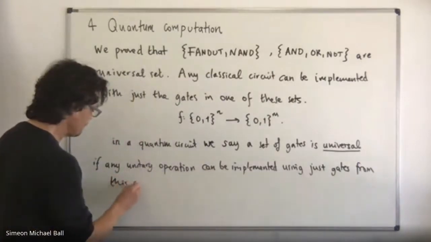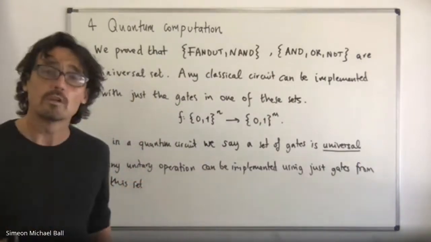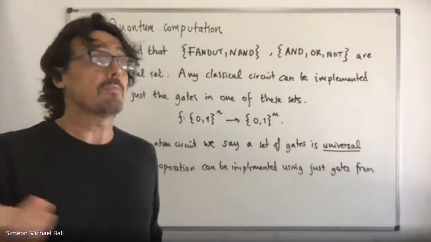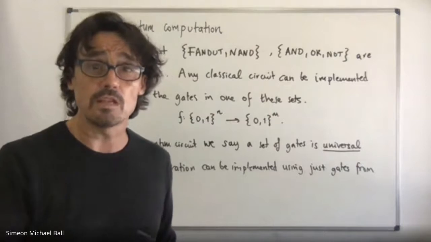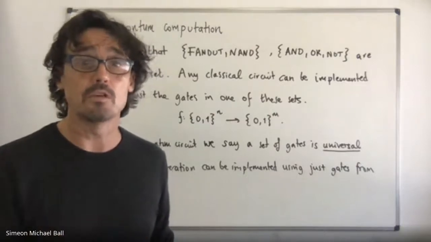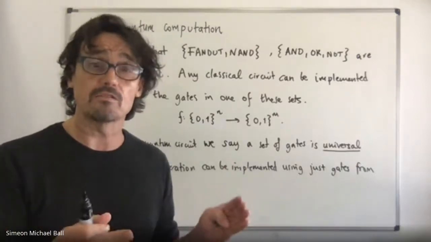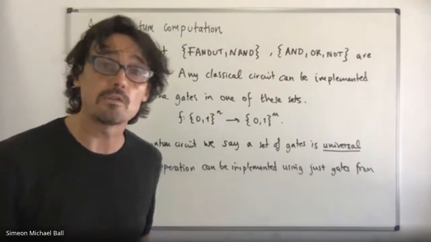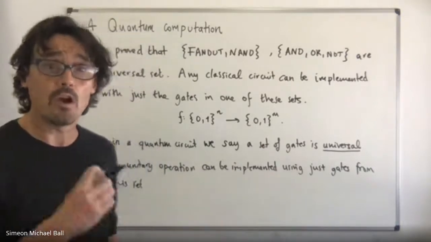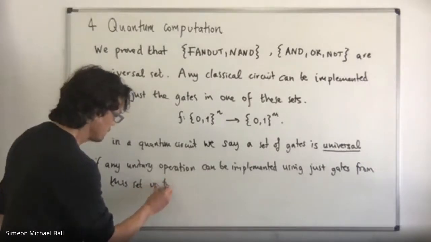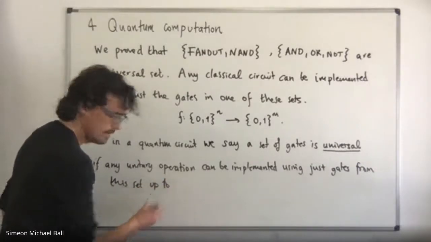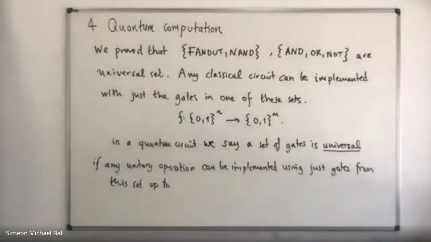Well, that's really not quite true, because unitary transformations are continuous over the complexes. So we've got a continuous set of things, and we're never going to be able to give you a discrete set of gates for a continuous set. So it's only up to arbitrary accuracy.